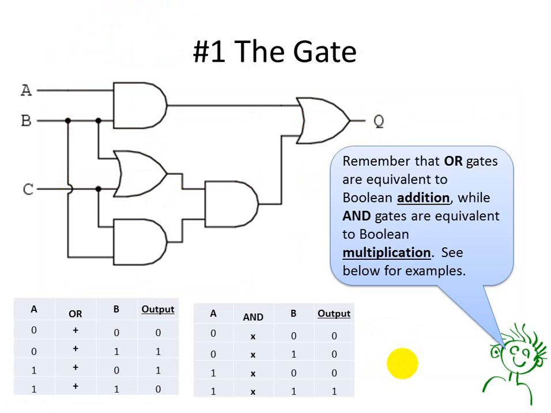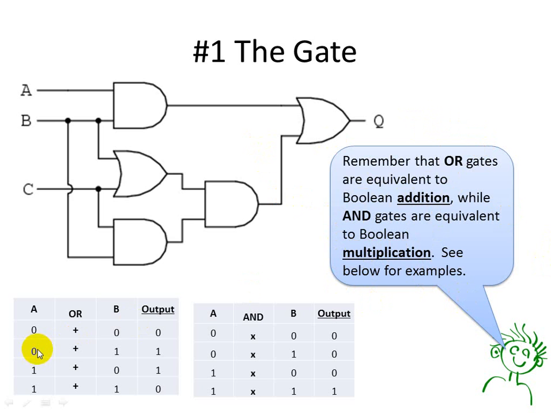Okay, the first step, you are given a gate, and remember that OR gates are equivalent to Boolean addition, while AND gates are equivalent to Boolean multiplication. If you understand this, you'll know how to sequence the expression, or how to deal with the expression in the correct order. So if you were given a combination of multiplication and addition, multiplication must be done first.